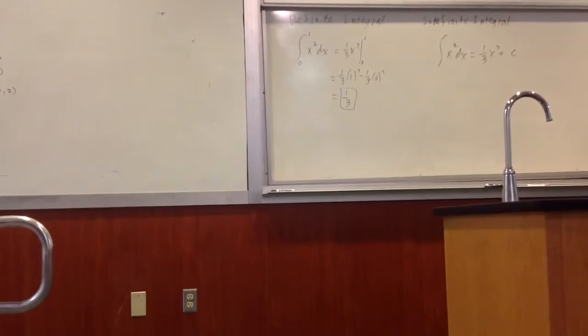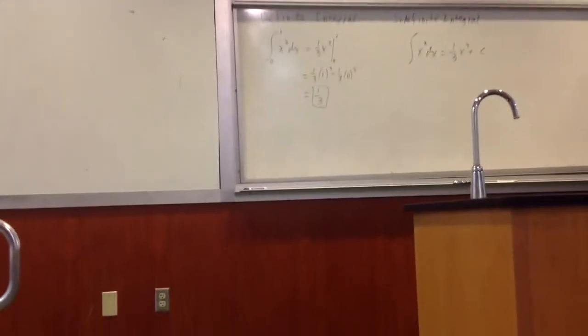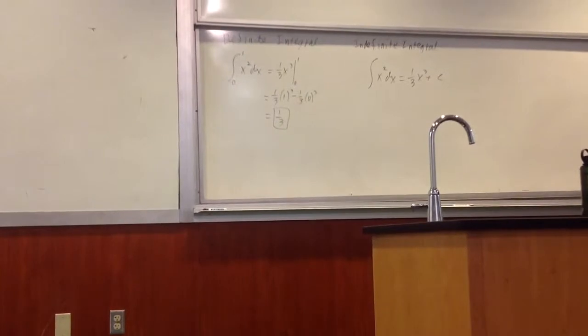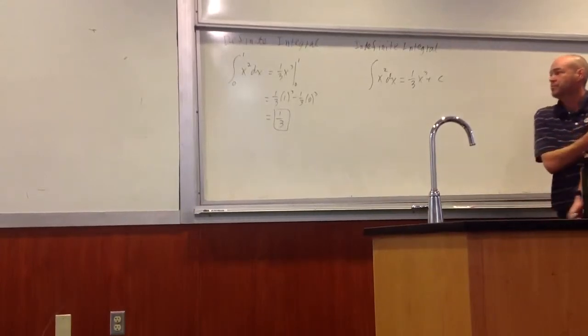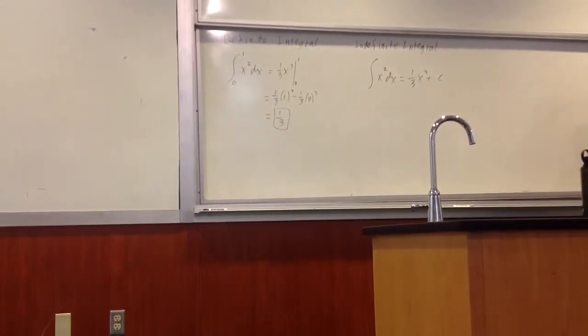An indefinite integral is a function of x. A definite integral is a constant. For our purposes now, there is no a and b. There's no interval. Are we clear on the difference?